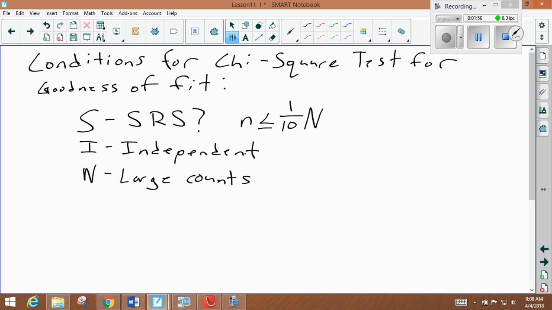And this is where things get a little different, because in order to check for large counts, we're going to have to check that our expected count is larger than 5.